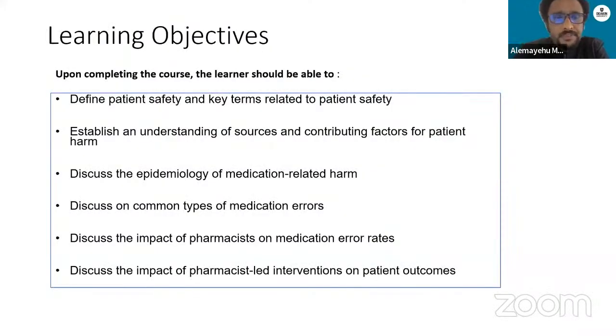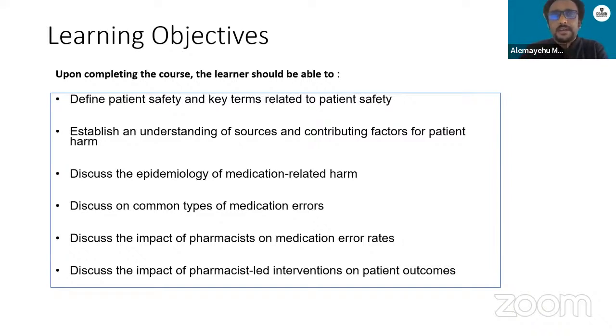After the end of this lesson, I will define what patient safety is and some terminologies related to patient safety, establish an understanding of sources and contributing factors for patient harm, discuss the epidemiology of medication-related harm, the common types of medication errors, and the impact of pharmacists on medication errors and at the same time on some clinical outcomes.